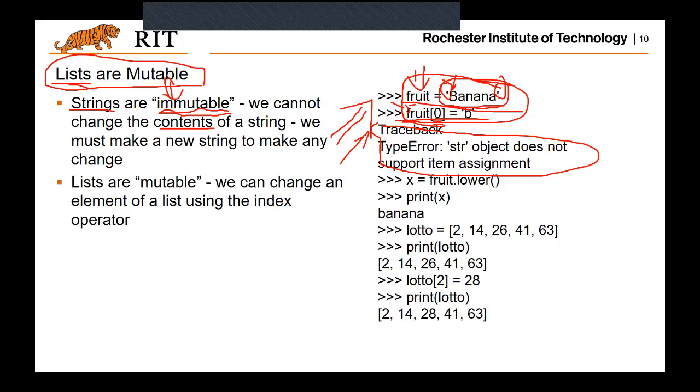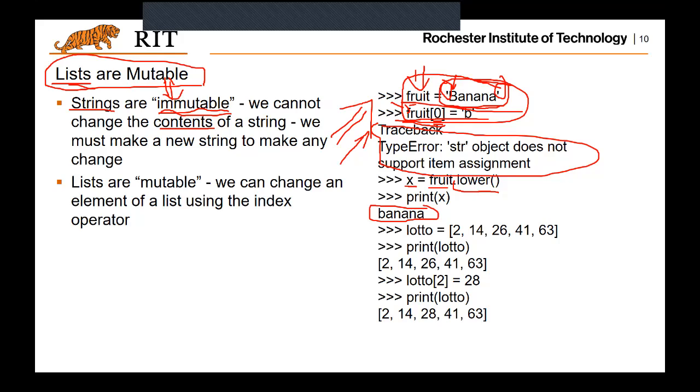You have to use this lower function for a string, which will convert every character in the string and return a new string with the result, and you assign it to another variable. After printing it out, you have this new string with all lowercase characters. So that's why we say strings are immutable.